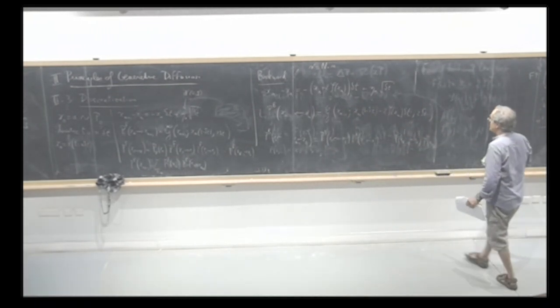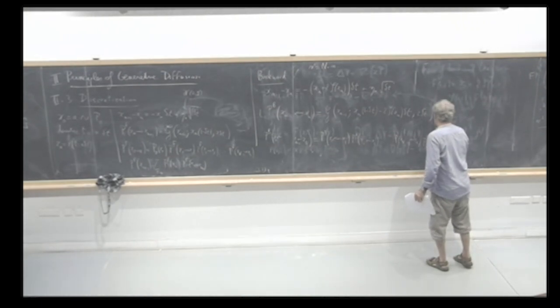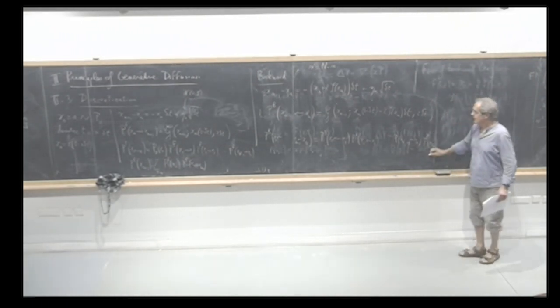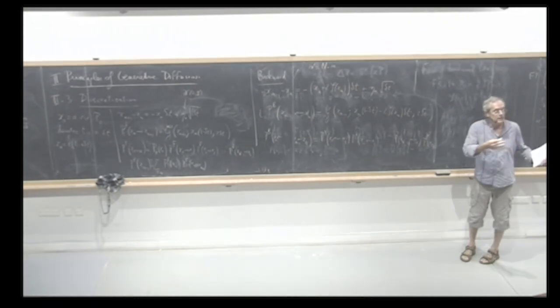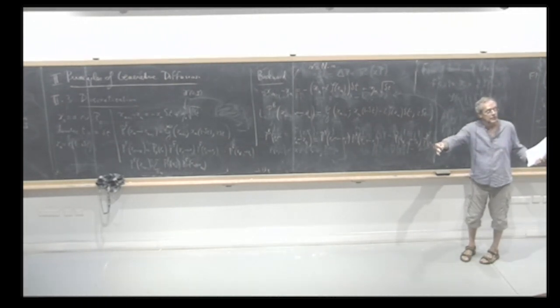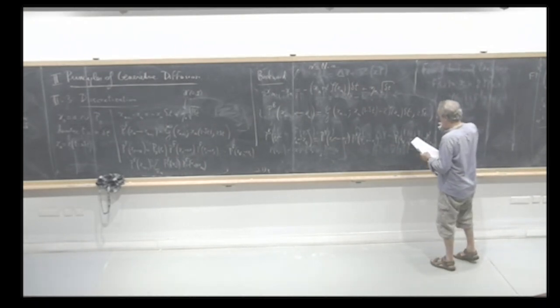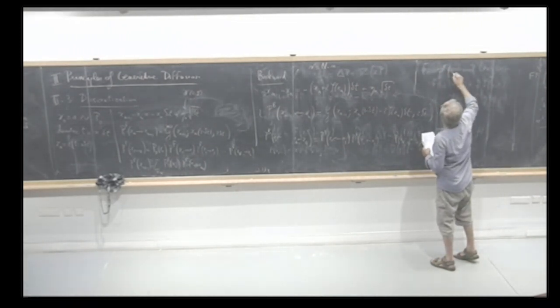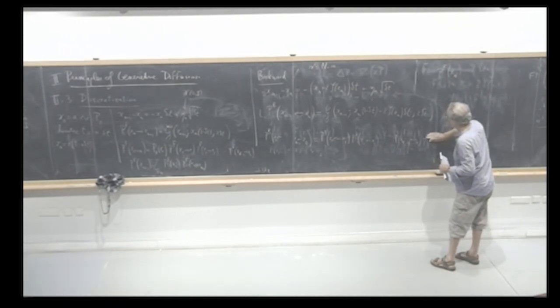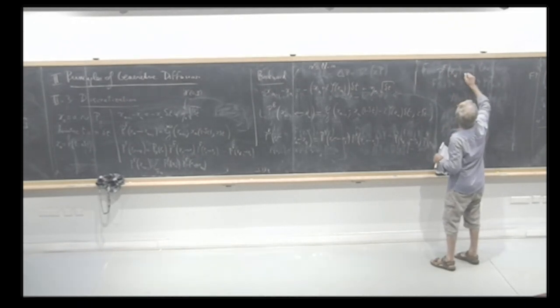So now imagine that this is my final. In the backward process, I start from a final P of xn, and then I iterate the backward process. Okay? So now, if you have these two conditions met, that is, if I have the P forward of xn, and this will be the P backward of xn.